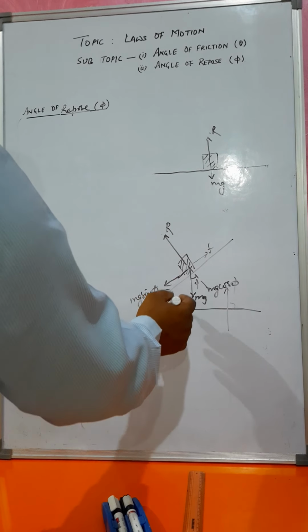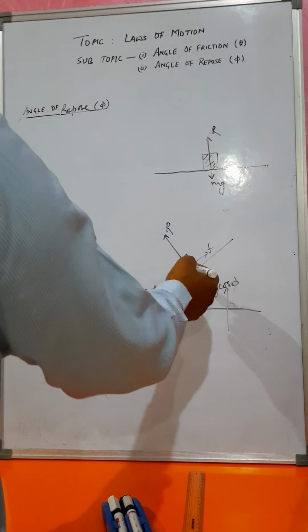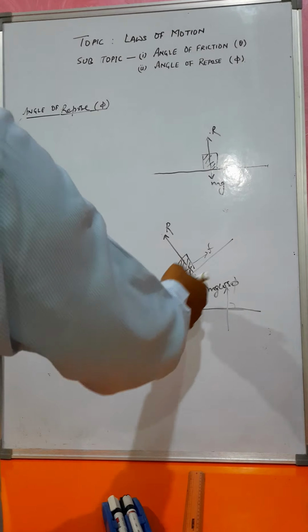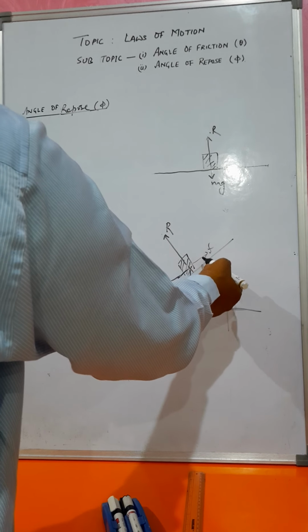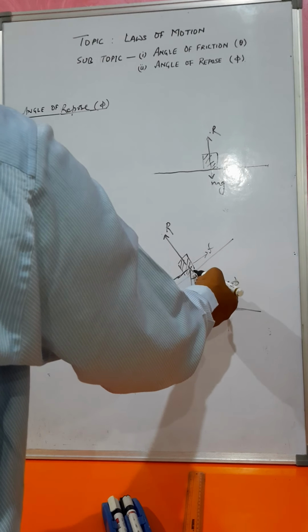That means it is the angle at which f is equal to mg sin phi, the component of the gravitational force along the inclined plane, which has the tendency to move the body in the downward direction, up to which the body stays stationary on the inclined plane, that means does not move due to the force of friction.